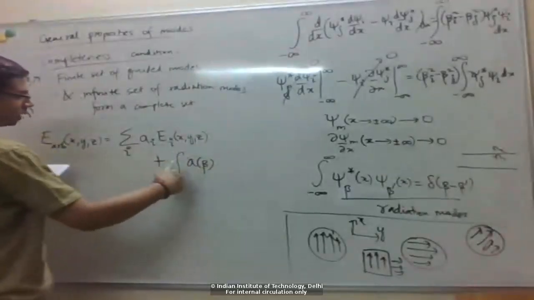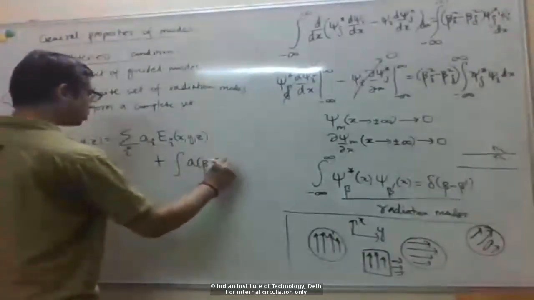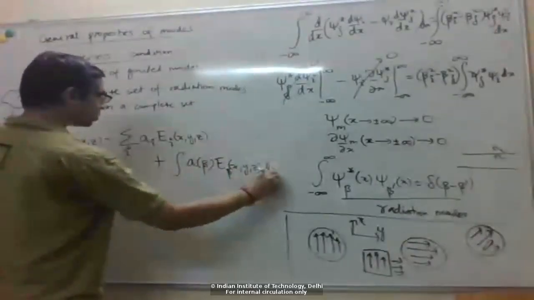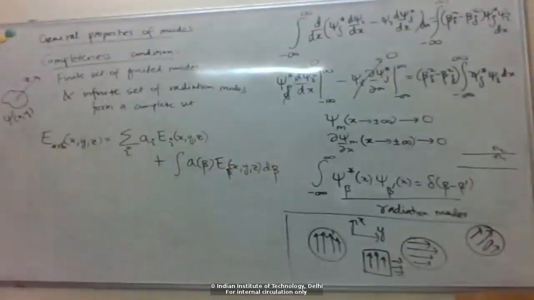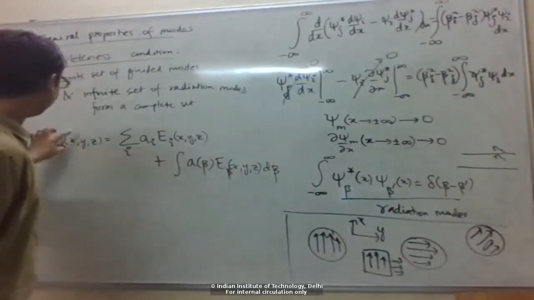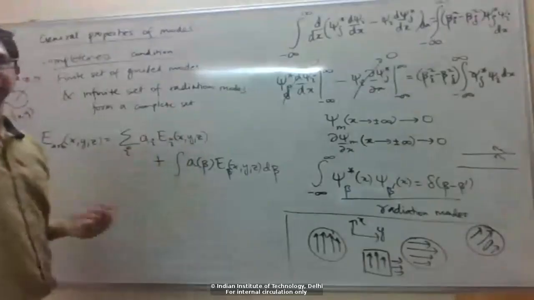So this is now a continuous set, so we perform an integral. Okay, so if I take any arbitrary function, anything at all, I can write it as a superposition of these guided modes and radiation modes. And for each different function, these coefficients a_i and a of beta will be different.